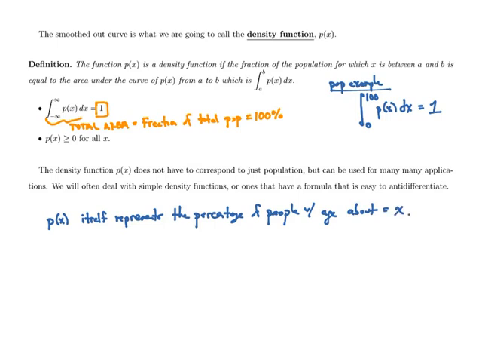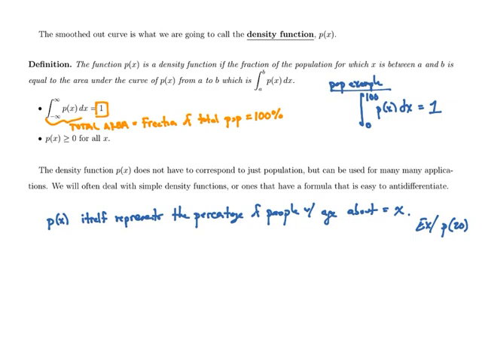So, for example, p of 20 would be the percentage of people that are 20 years old or about 20 years old. So that means that p can never be less than 0 because the percentage of people that are a certain age cannot be less than 0. It could be 0, but can't be negative.